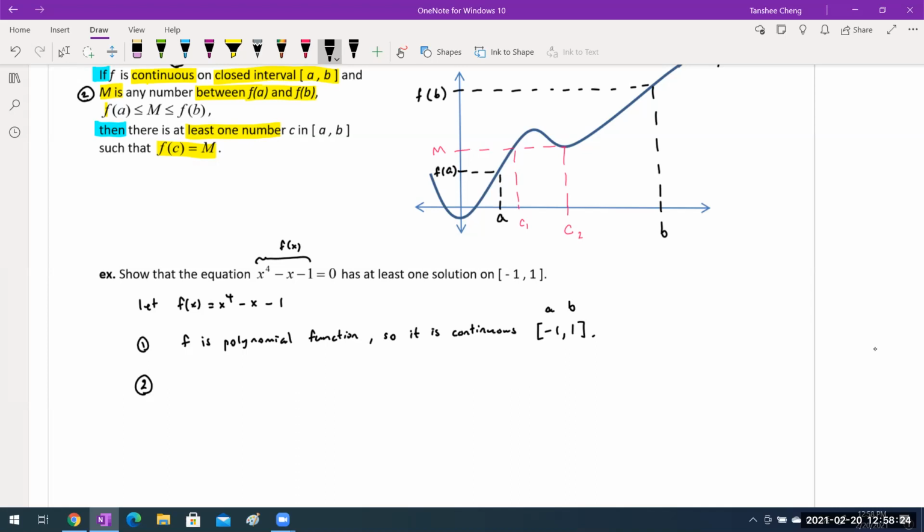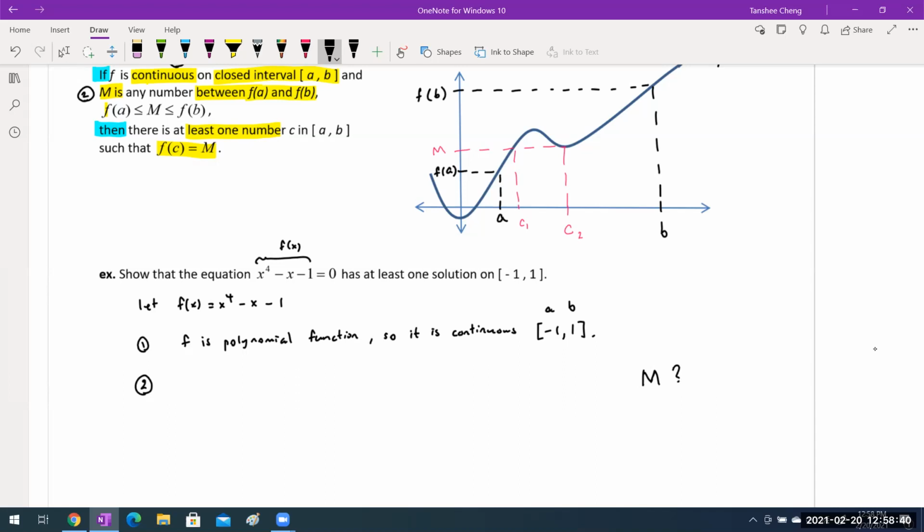But in this case, what is our m value? Notice that in the equation, if you write the left-hand side as a function, f of x is equal to 0.